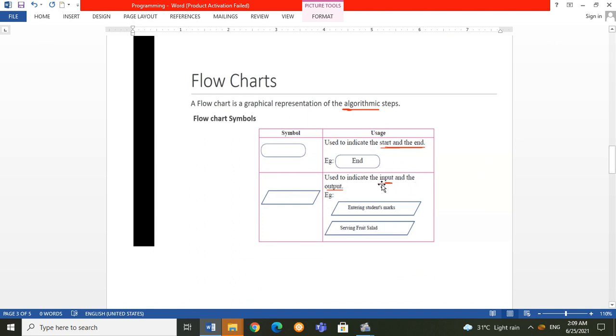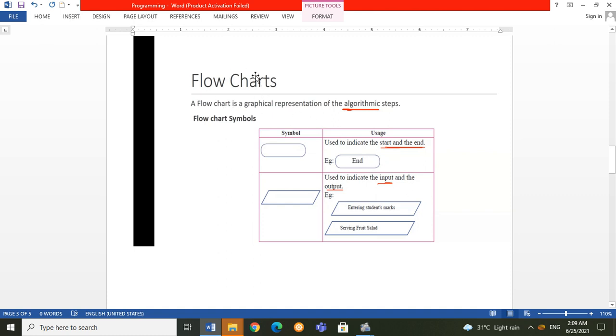What is this? Flow chart. There are a lot of techniques that they are using for designing purposes, right? There is a flow chart. Can you see the symbols and usages here, right?